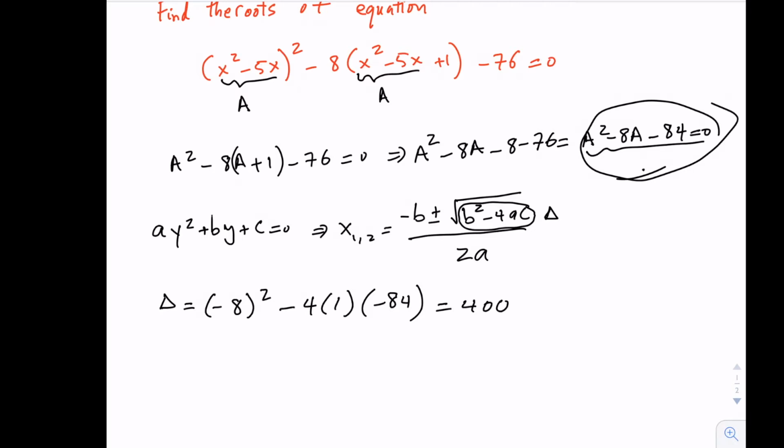Therefore, a1, the first root of this equation, is 8 plus square root of 400 divided by 2, which is 8 plus 20 divided by 2, that is 14.